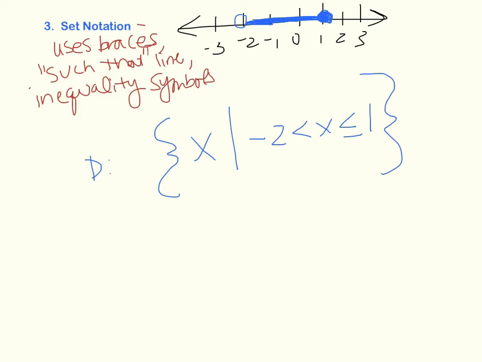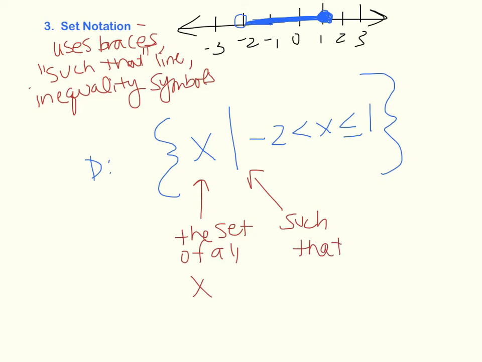Your domain for this segment on the number line is the set of all x's, such that, that's what that line means, and then the way you read that, -2 is less than x is less than or equal to 1. And then don't forget to close it.